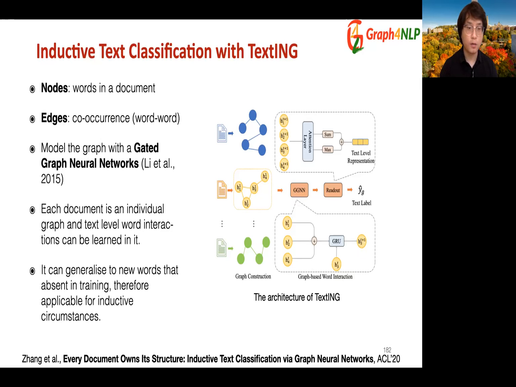This can help generalize to new words that are absent in training, because new words can learn features from their neighboring words. So basically, we first construct a document graph, then we propagate it through gated graph neural networks, and we have a readout function to aggregate the embeddings of words into the document embedding, and then we perform classification.